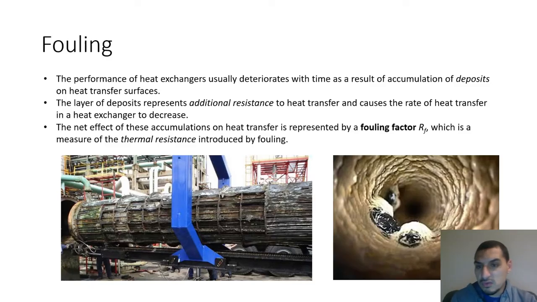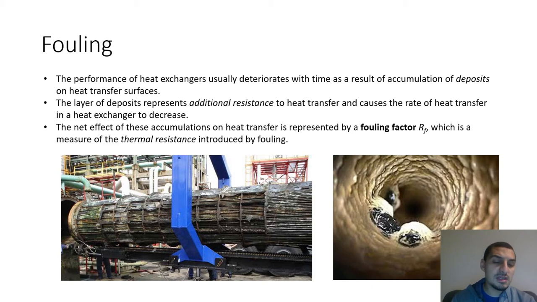One more thing we want to talk about is fouling. Fouling is some stuff in the fluid, or a property of the fluid that contains dirt, contains salts, or whatever material that can be deposited at the operating temperature.